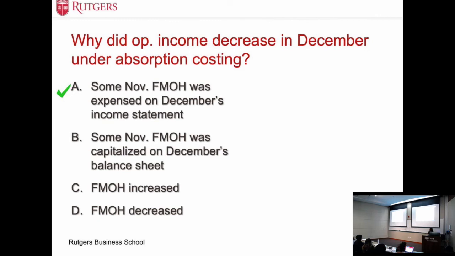And in December, not only do we deduct all the fixed overhead incurred in December, we also subtract part of the fixed overhead from November, which is the beginning balance. So we say that some fixed overhead was expensed on December's income statement, and that is part of November's overhead. So that's why we chose A. Any other questions related to this one?